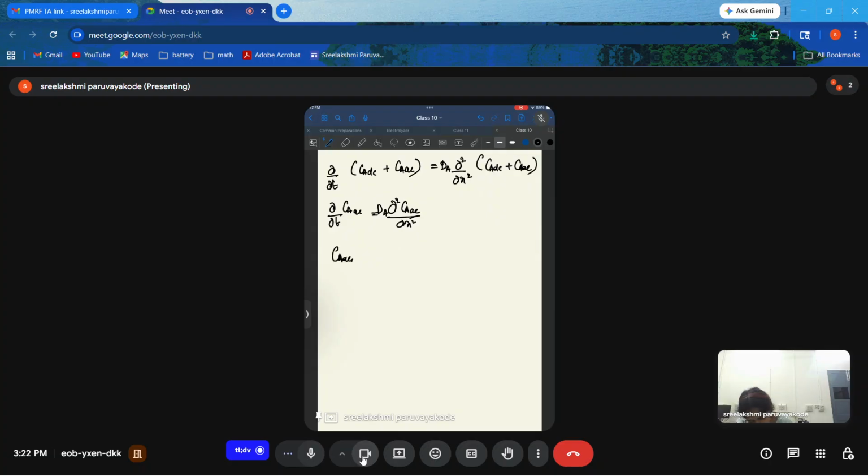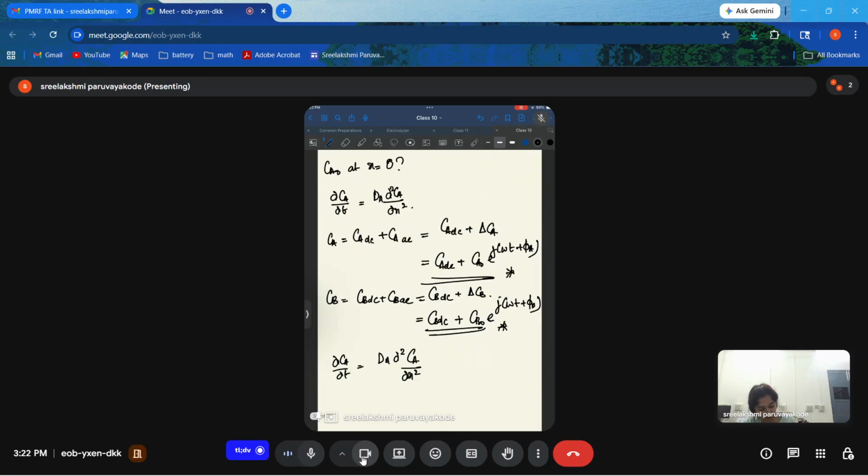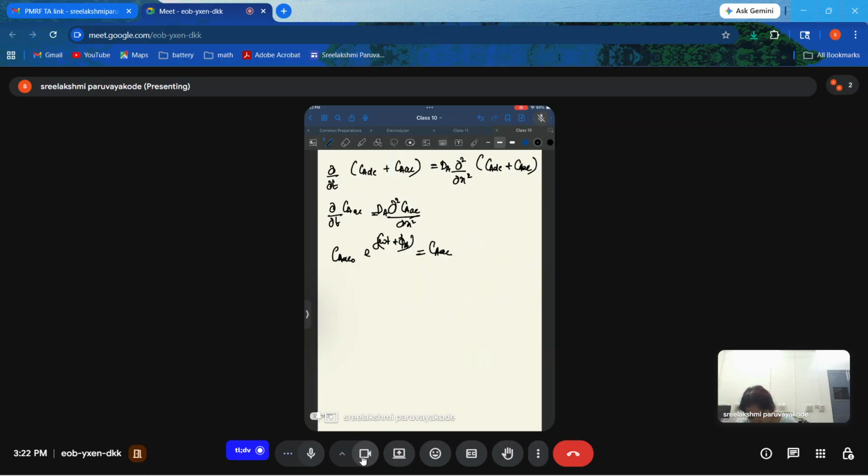Now, this we have already written, that CA AC can be expressed sinusoidally, and this is how the formula will come. From the sinusoidal we have written it in the polar coordinate form. Then if I write CA AC equal to CA AC naught e raised to j omega t e raised to j phi a.